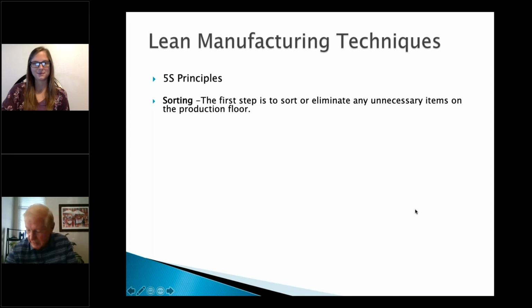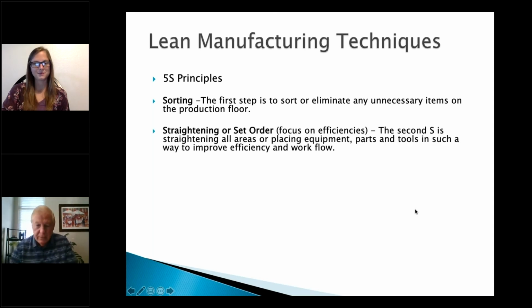Second step is straightening. So placing equipment, parts, and tools in the best location that'll help improve efficiency and workflow. And we talked about several different things from a standpoint of the Kanban and from a standpoint of not wasting motion.